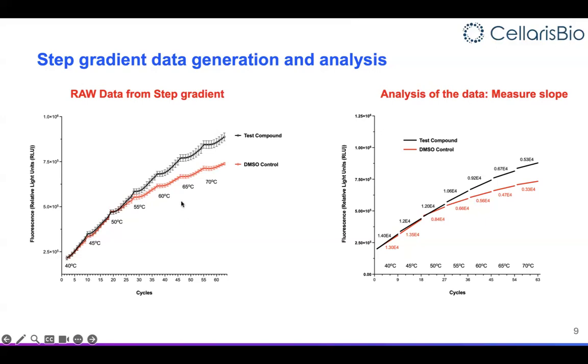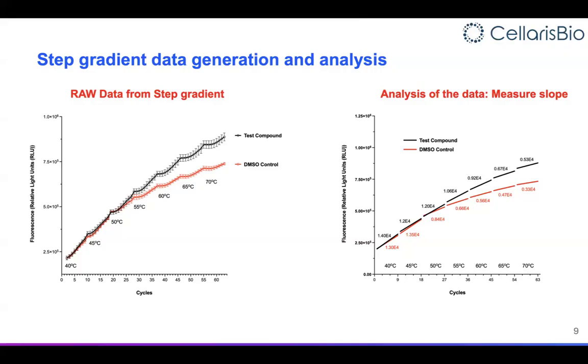Now, what you can see from this particular raw data is that there's a separation between the DMSO control and the test compound at about 55 degrees. So at higher temperatures, the DMSO control starts to plateau off. What is happening here is the target protein is denaturing and forming insoluble aggregates.